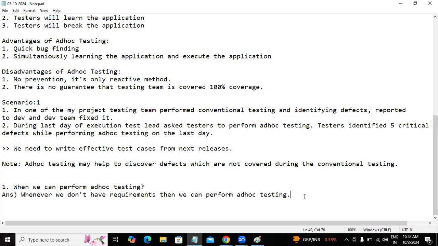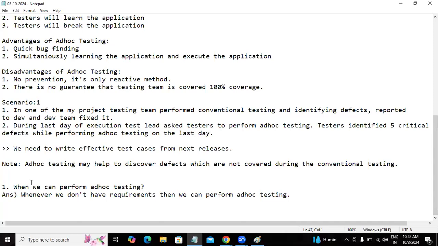Yes, sir. Nowadays you are using that application, you know. If you don't know the Flipkart application, how are you going to perform testing without understanding? Is it possible?